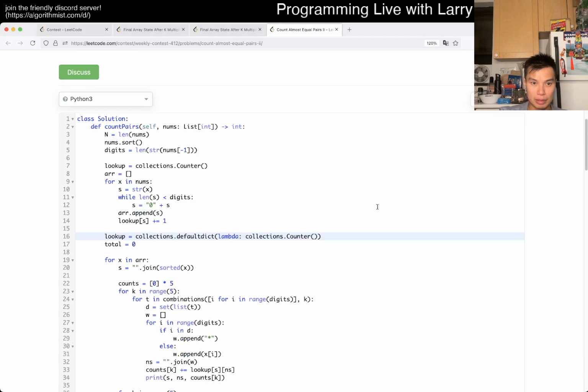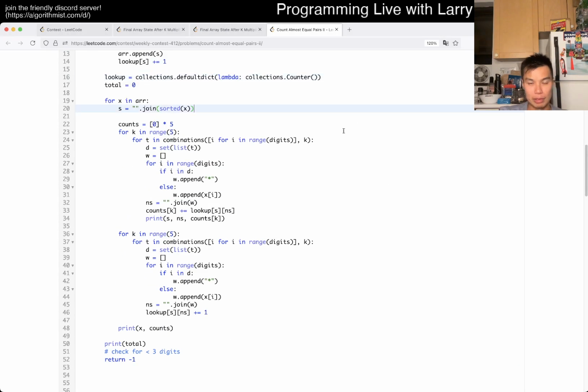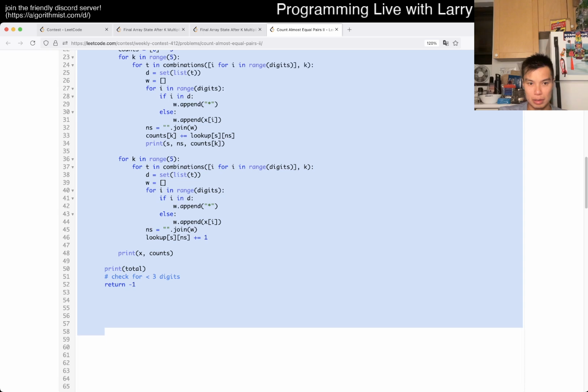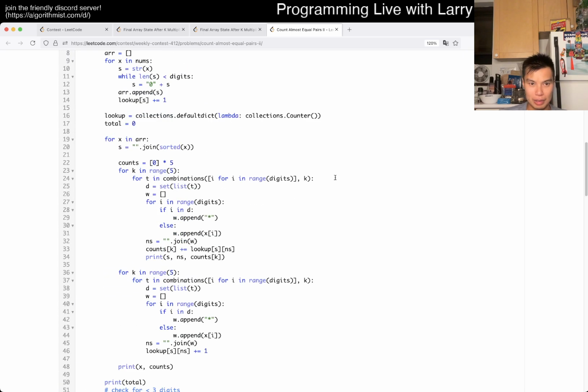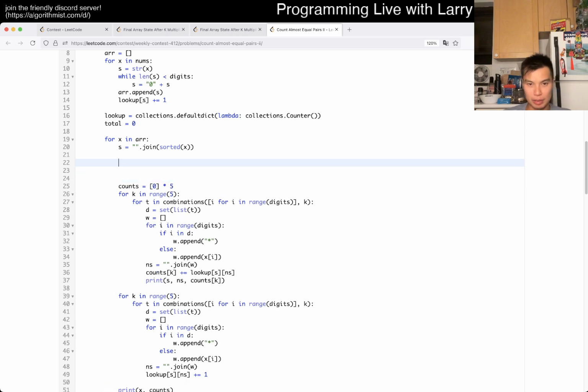Okay, I think I know how to do this one, maybe. I don't even know if it's right though, but okay. That's a lot of exploration. Okay, fine. So then now we take 4 digits.